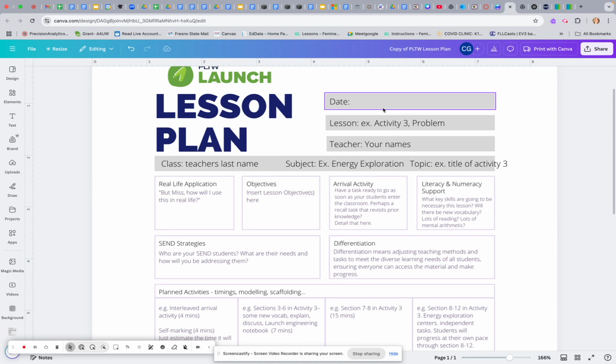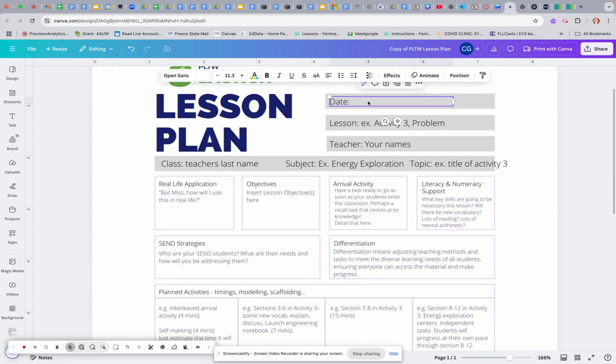So the Wednesday before March 12th, you and your team will decide, okay, we left off here, so we need to fill out this lesson plan for what we are doing on March 12th. I'll write that in there.